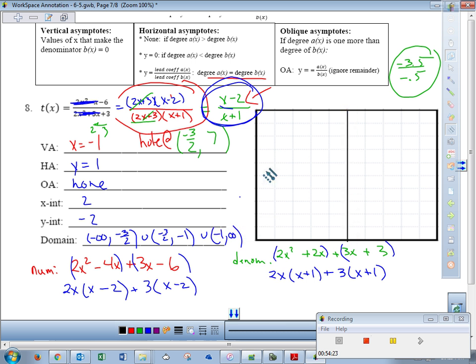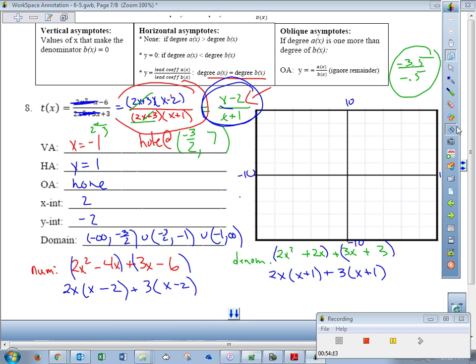The thing you have to be careful with is this guy's got a hole. You have to recognize him. Put your axes first, then put your asymptotes. I got a vertical asymptote at x equals negative 1. That would be right here. I got a horizontal asymptote at y equals 1.